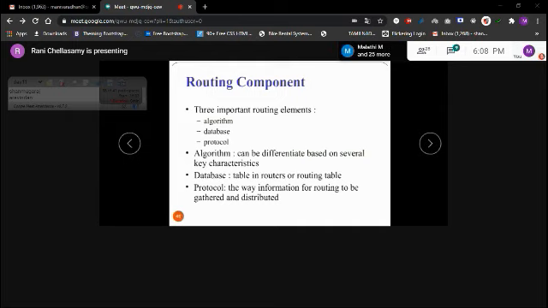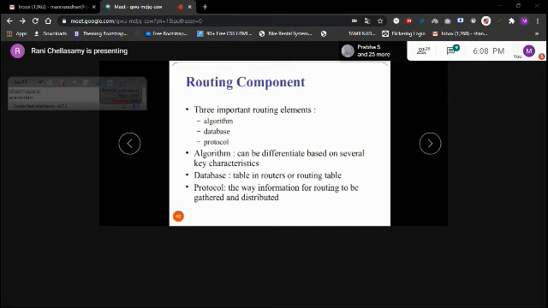So what is a routing algorithm? Whenever the packet reaches the router, it has to take the routing decision. That is, it has to verify the routing table, and so the routing algorithm has to be applied at that moment.